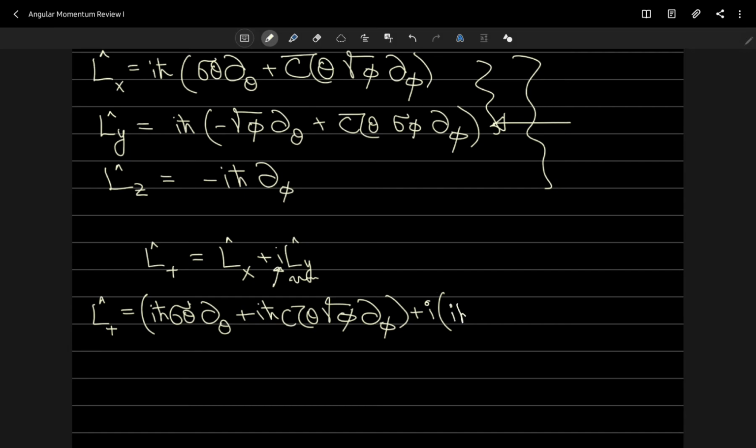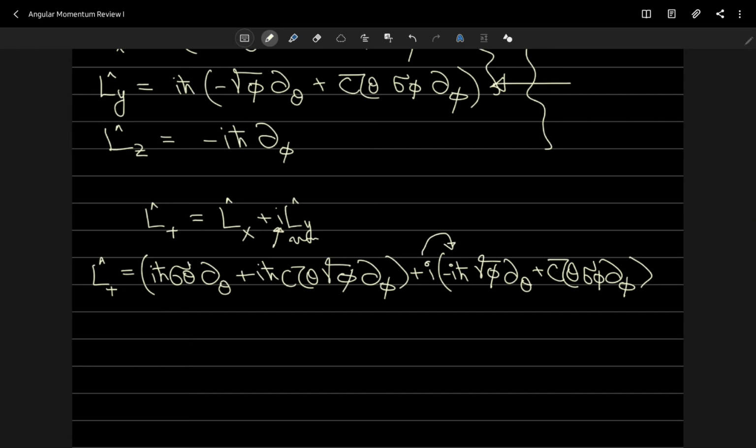That's iota h bar, or let's just put this minus sign over here, minus iota h bar, and then I have cosine of phi partial derivative with respect to theta plus cotangent of theta sine of phi partial derivative with respect to phi, correct?